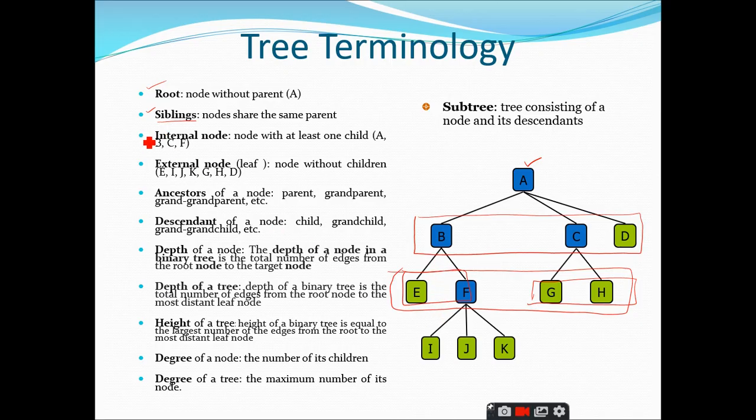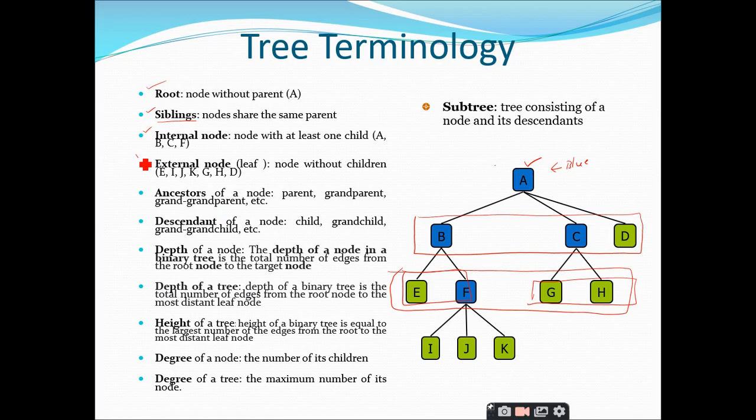Right. So coming to the internal nodes, what are internal nodes? Non-leaf nodes, sir. Non-leaf nodes are otherwise called internal nodes. That means the nodes which have at least one child node are called internal nodes. In this diagram, A, B, C and F are the internal nodes and they are represented in blue color.